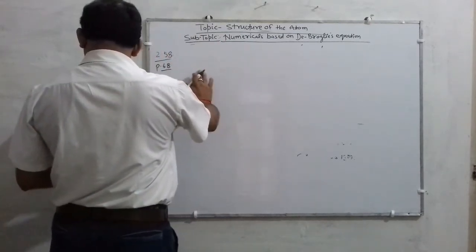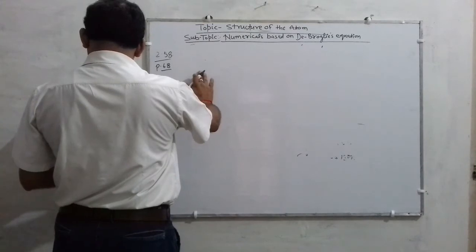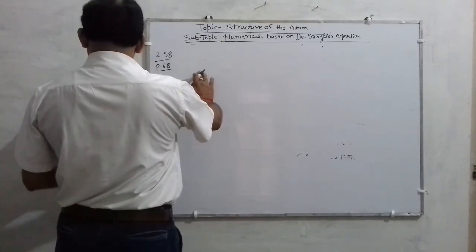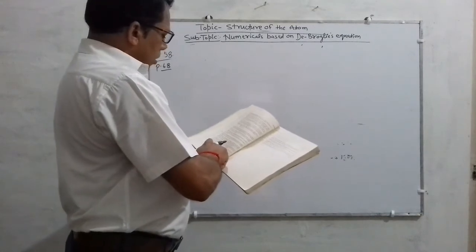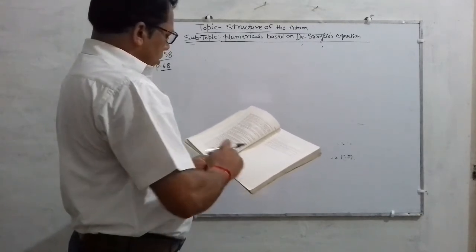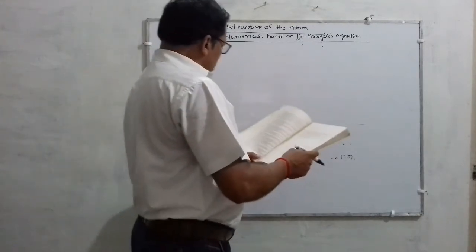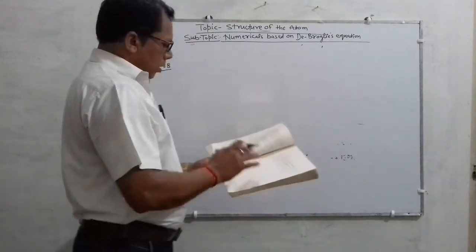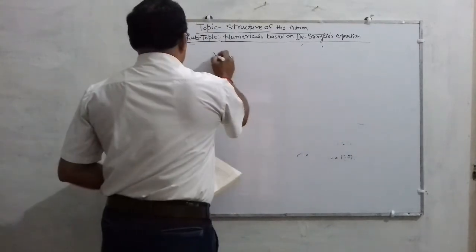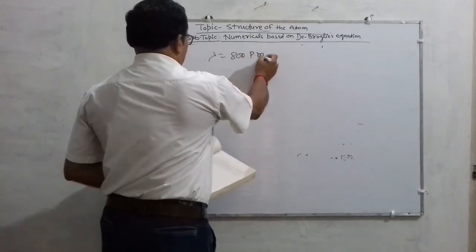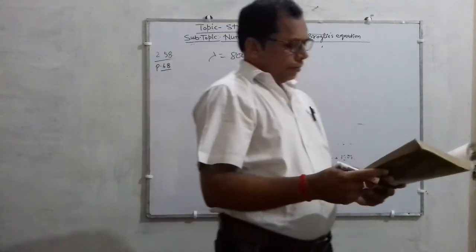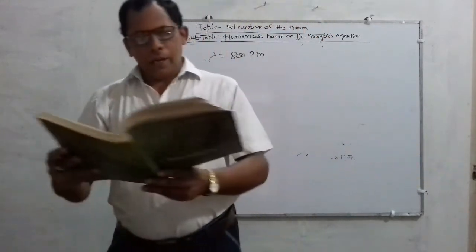Question number 2.58, just I have described. Okay, 58, alright. Okay, lambda is given 800 pm. Then what is the velocity?